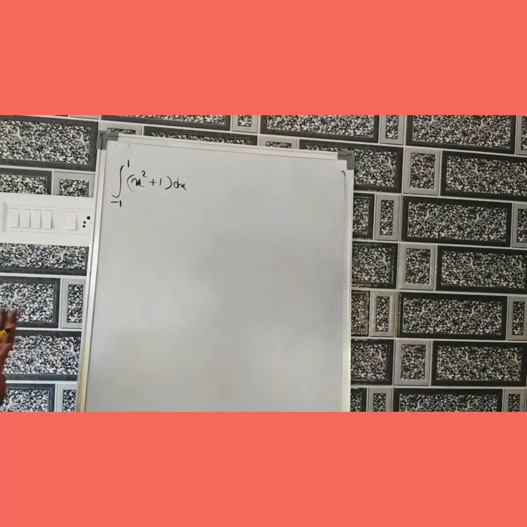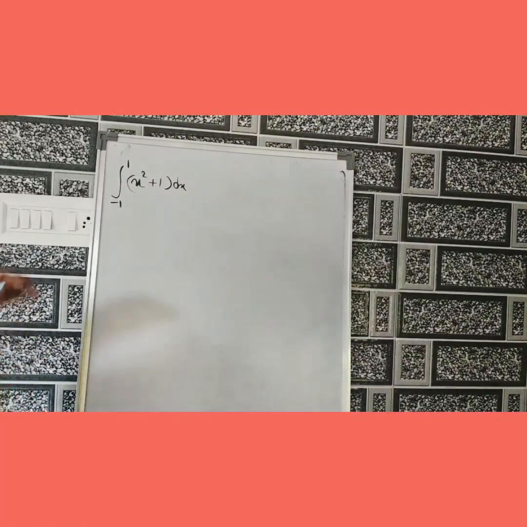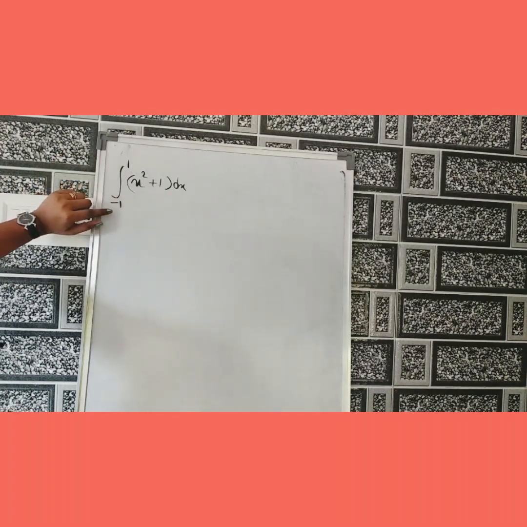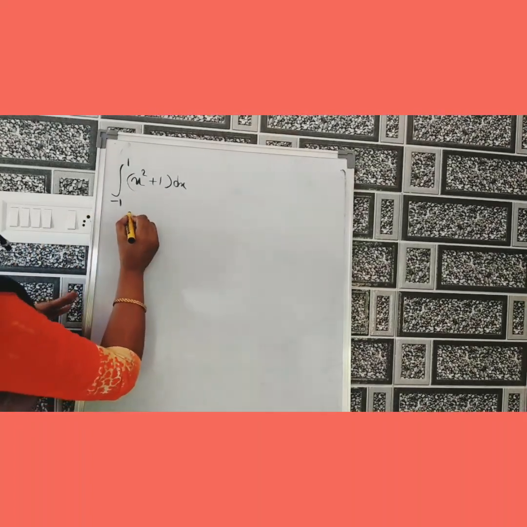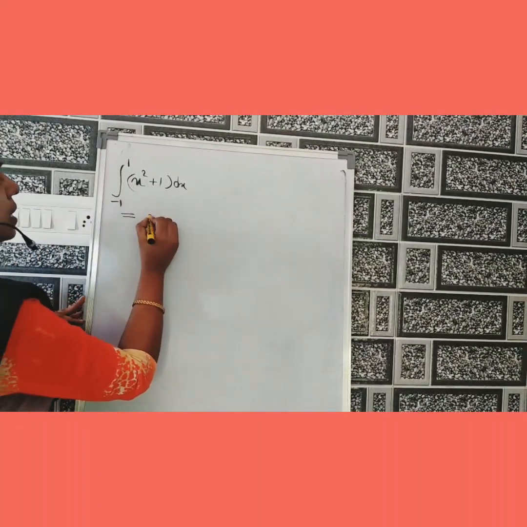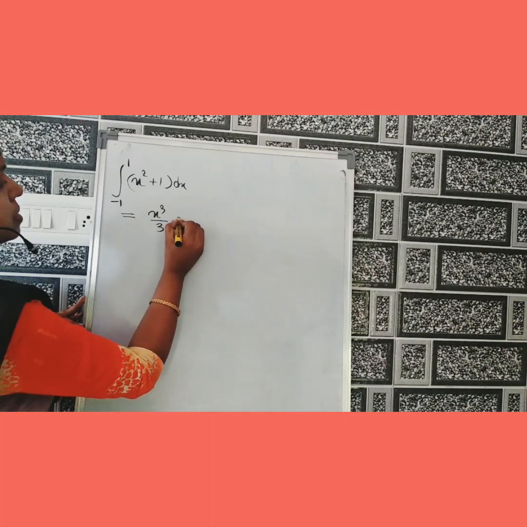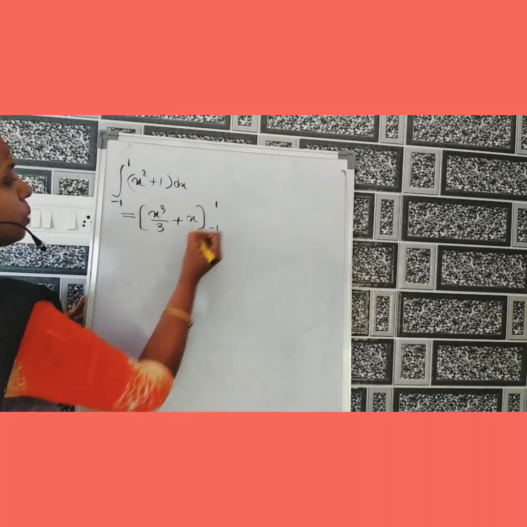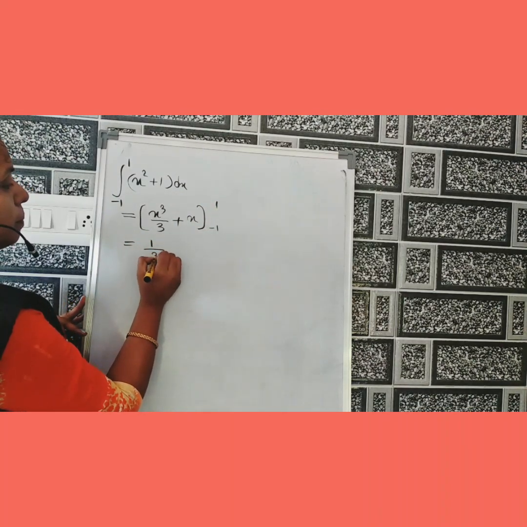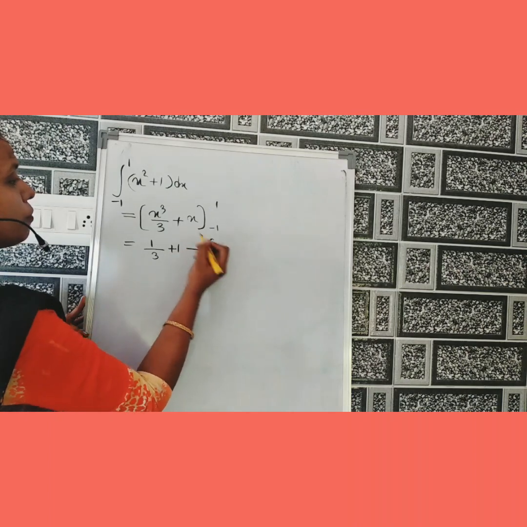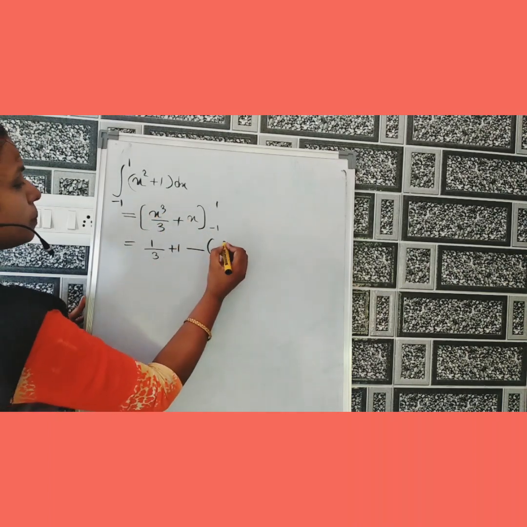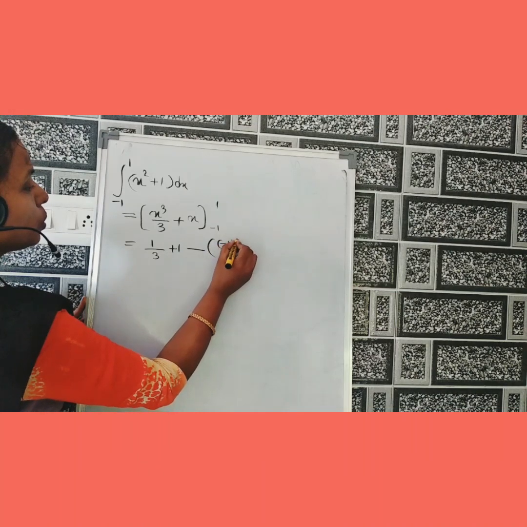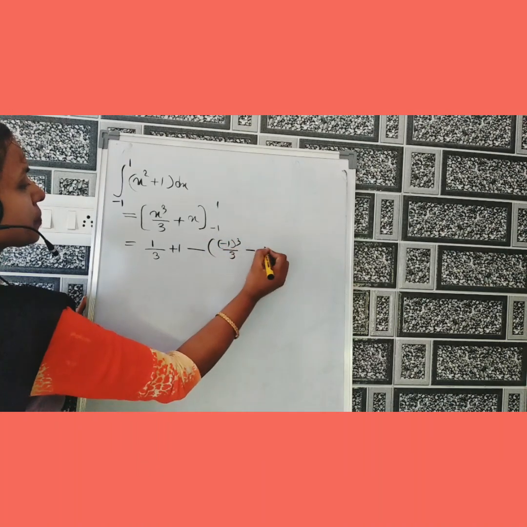Now second part of the question is compare it with the actual value. So we integrate the function x square plus 1 from negative 1 to 1 in the actual method. That is equal to the integral of x square, which is x cube by 3, plus the integral of 1, which is x, putting limits negative 1 to 1. We get 1 by 3 plus 1 minus the value at negative 1, which is negative 1 whole cube by 3 minus 1.